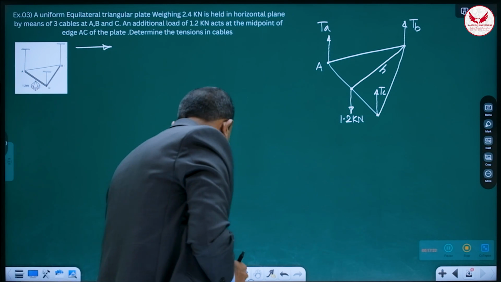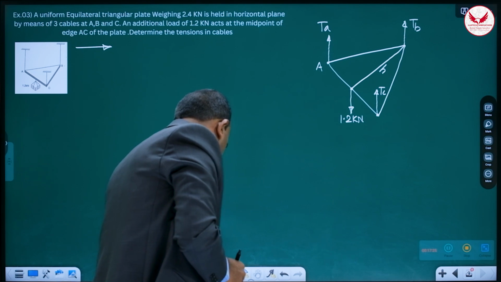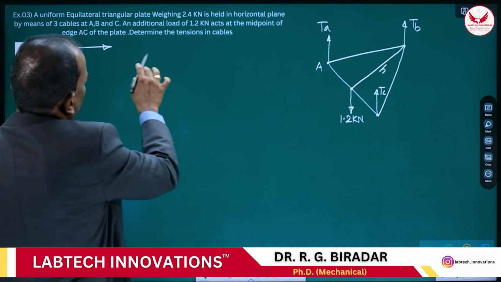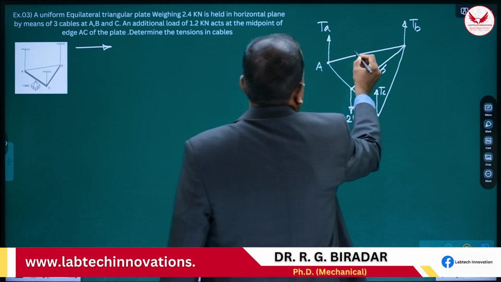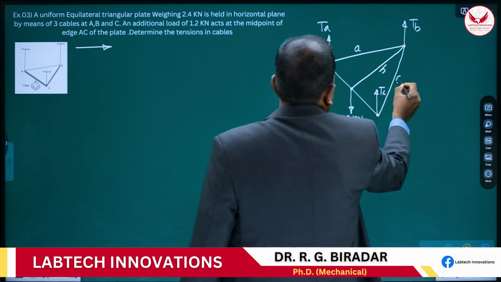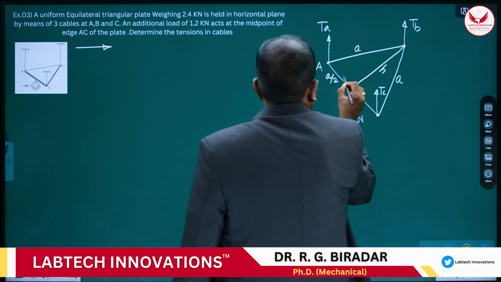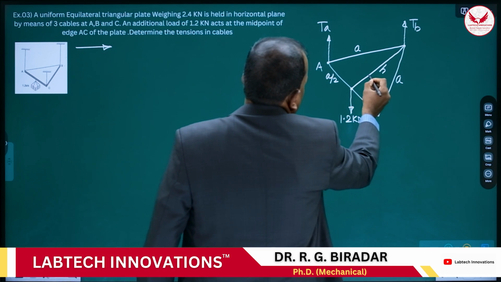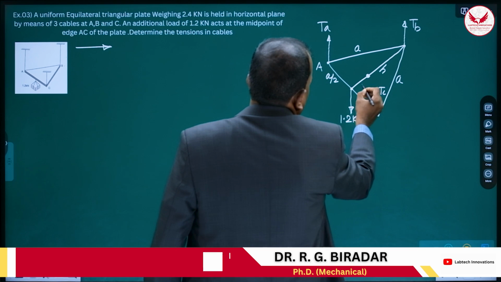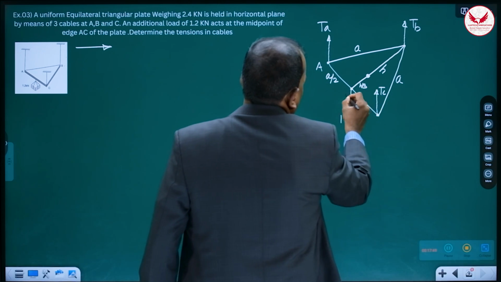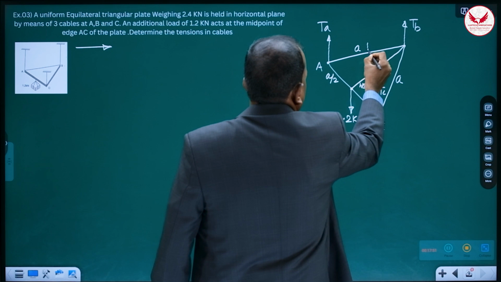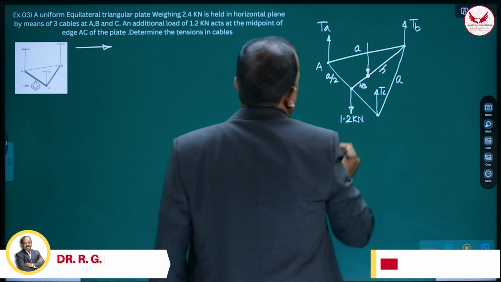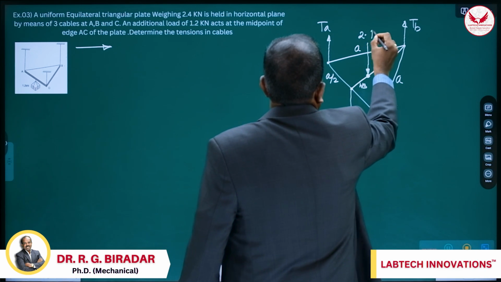The dimension is not given, so for the uniform equilateral triangle, let us consider this side is A. Equilateral means it is A, it is A, it is A by 2, it is A by 2, and if this height is h, this point will be h by 3 from this point, and the weight is going to be like this. It is 2.4 kilonewton.